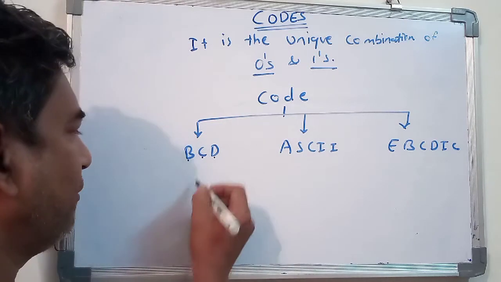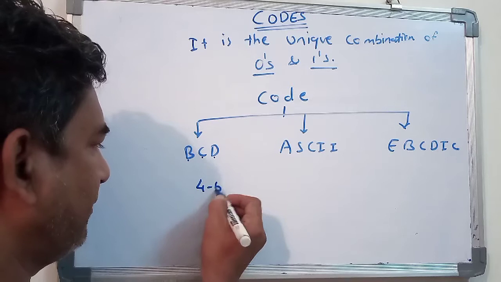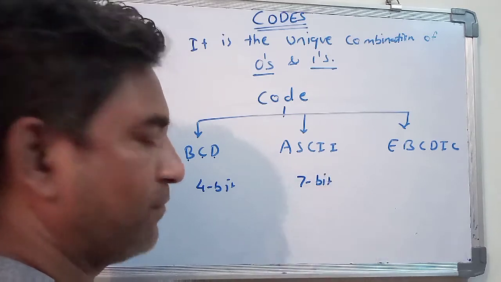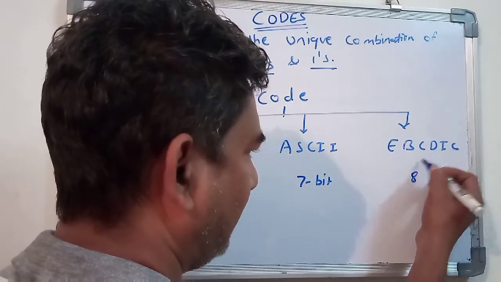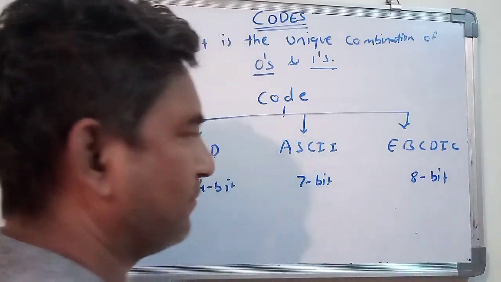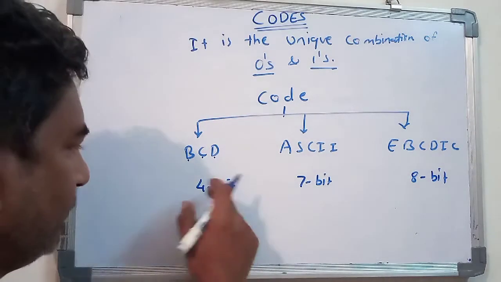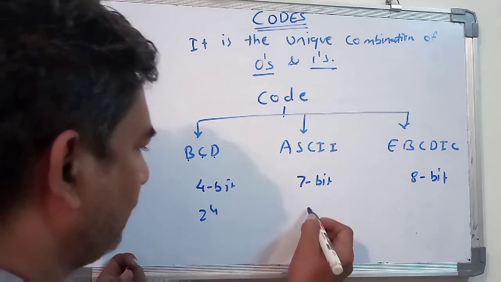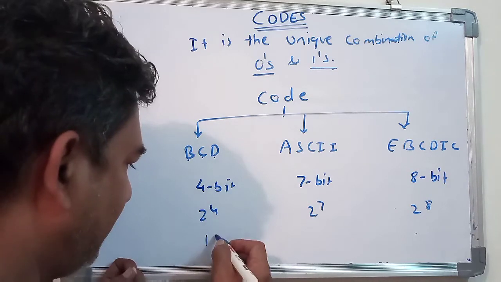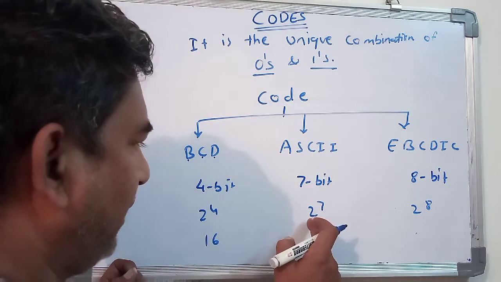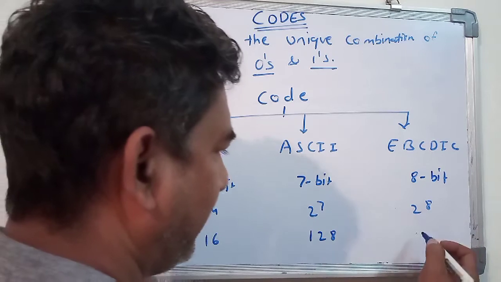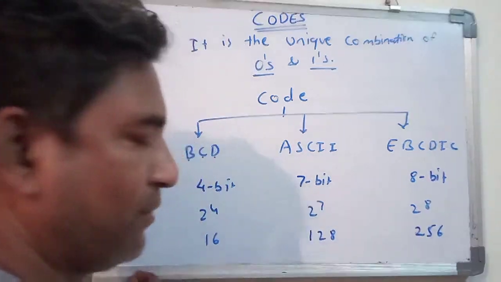The BCD code consists of 4 bits, the ASCII code consists of 7 bits, and the EBCDIC code consists of 8 bits. So 2 raised to power 4, 2 raised to power 7, and 2 raised to power 8. 2 raised to power 4 gives 16, 2 raised to power 7 gives 128, and 2 raised to power 8 gives 256.